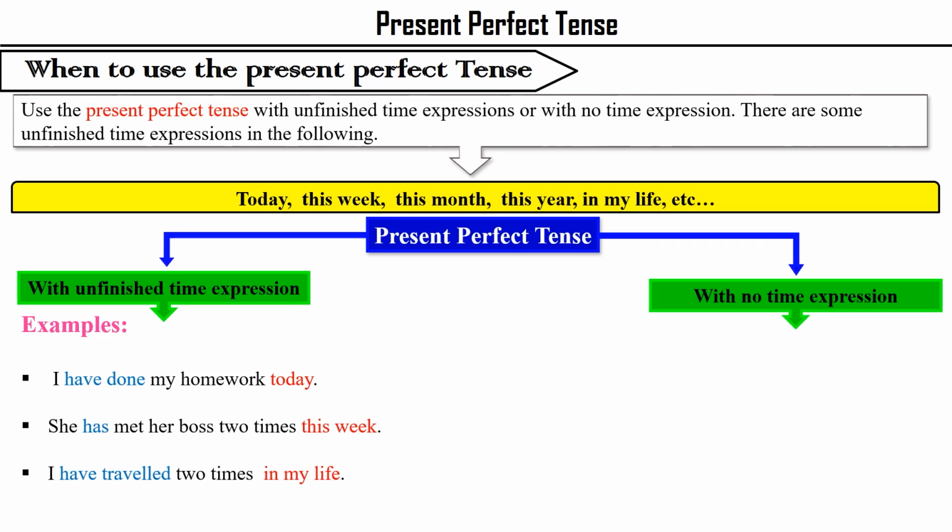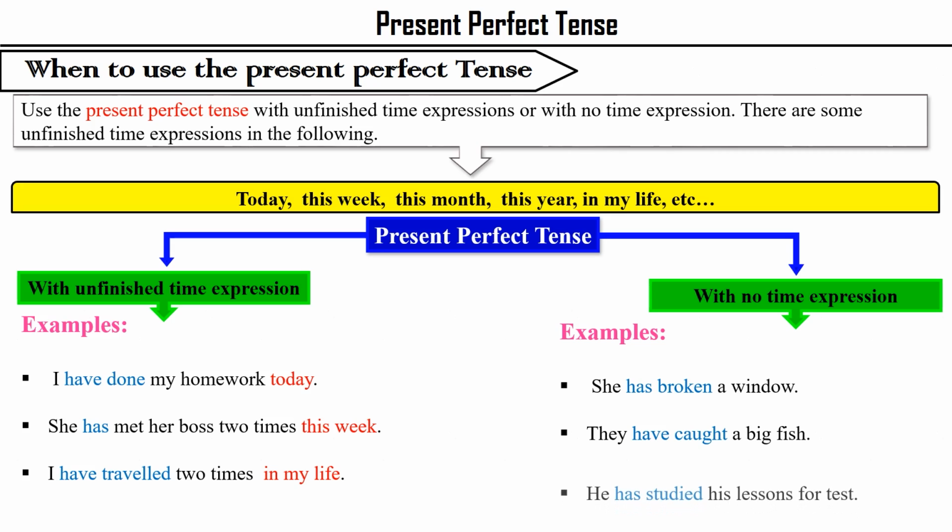Or I have traveled 2 times in my life. Or with no time expression, she has broken a window. We don't need to use a time expression. They have caught a big fish. Or he has studied his lessons for tests, etc.